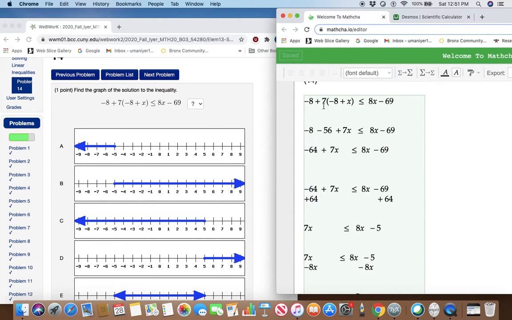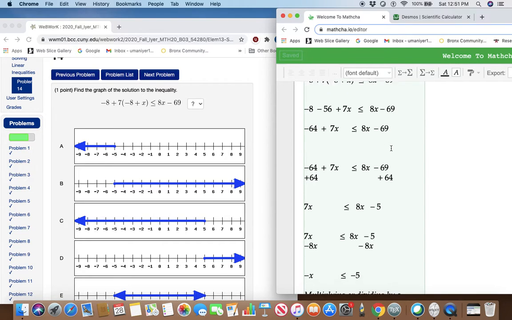First, open the parenthesis to simplify. Negative 8, 7 times negative 8 is negative 56 plus 7 times x is less than or equal to 8x minus 69. Combine. Negative 8 minus 56 is negative 64 plus 7x is less than or equal to 8x minus 69.